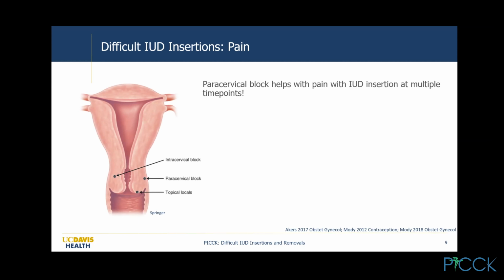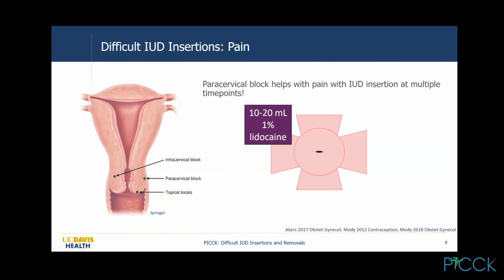But of what the data has been published, this is looking at the cervix straight on. You can see the vaginal walls I've made with these little objects here. If you administer about 10 to 20 milliliters of 1% lidocaine, give a little bit at the tenaculum site block, and then the rest at the cervical vaginal junctions at 4 and 8 o'clock, aiming for the uterosacral ligaments at varying depths, you usually can overcome patient pain at the time of insertion.